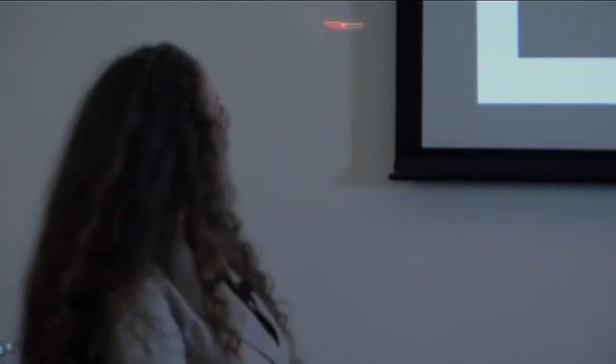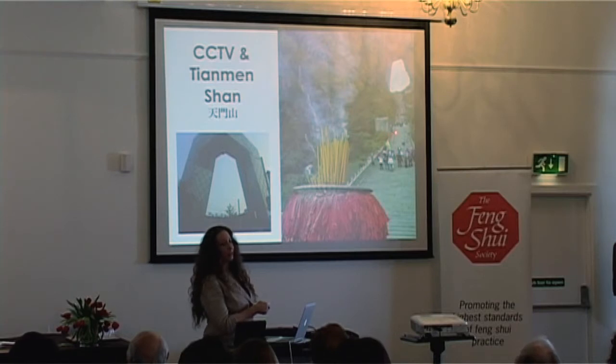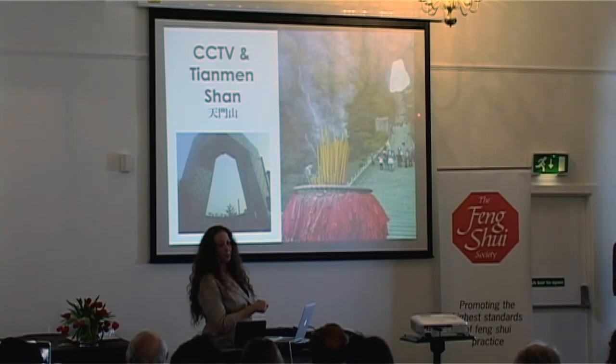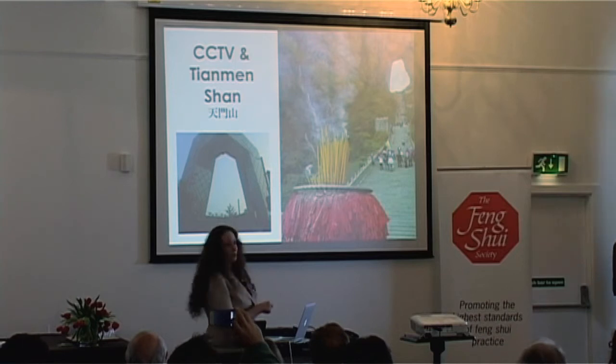This is called Tianmenshan. It's a hole inside a rock, big enough for a fighter jet to fly through. In fact, they did fly a fighter jet through there once, and they won't let them do it again in case the whole thing collapses.